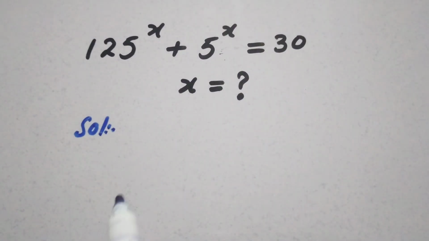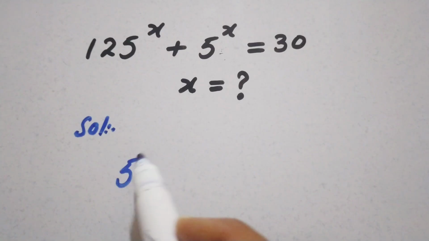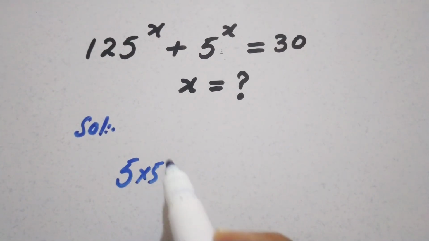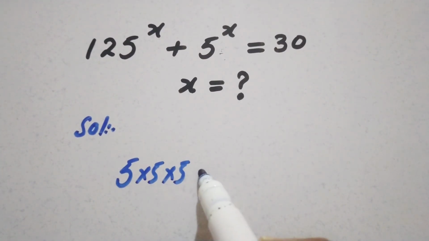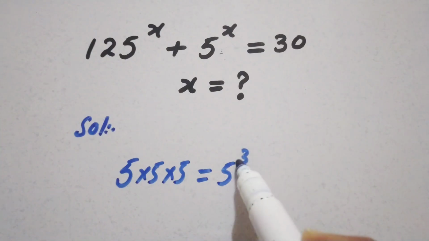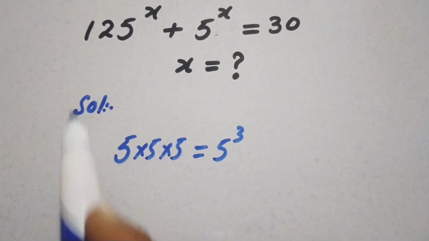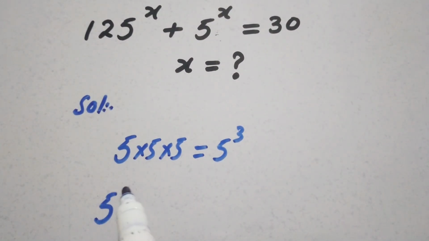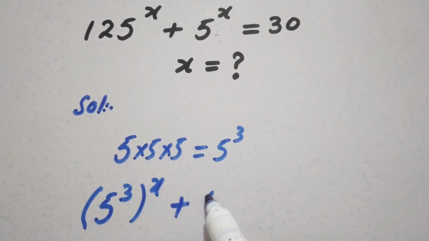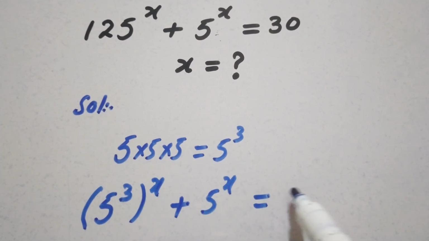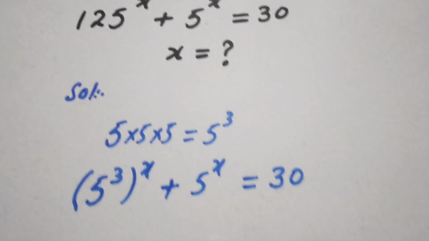As 125 is equal to 5 multiplied by 5 multiplied by 5, this we can write as 5 cube. So in the place of 125 we will write 5 cube whole power x plus 5 power x, this is equal to 30.